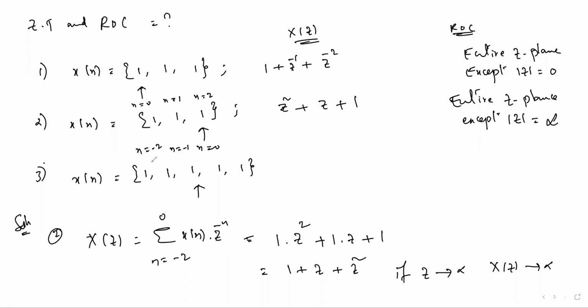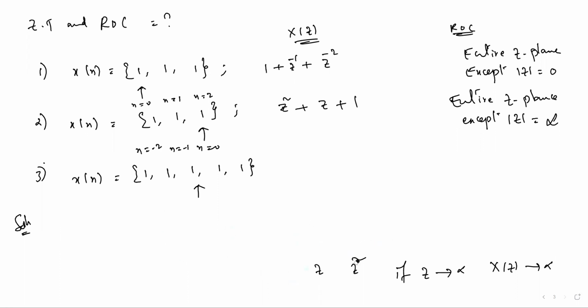Now come to the third problem. What is the z transform? Obviously, the same way. What is the z transform of the third function? Now here observe n value 0, 1, 2, and here minus 1, minus 2.